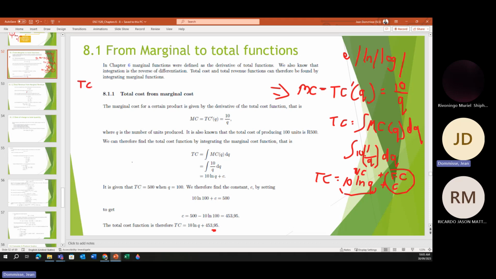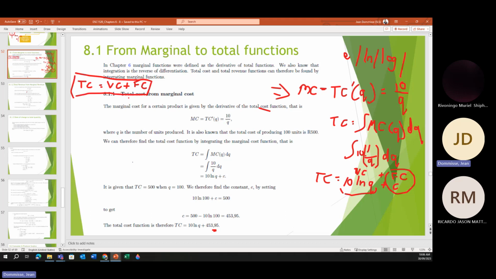Because then, if I had done this, I would have seen that I need to work with a C and I'm not going to do the other things. They told me I need to get to a total cost function, but my mind automatically went to where we were working with the others, to area, which was not really what I needed to do. So write that down for yourself. Then you know that this is the process.